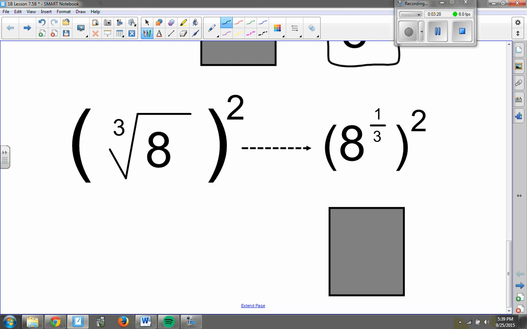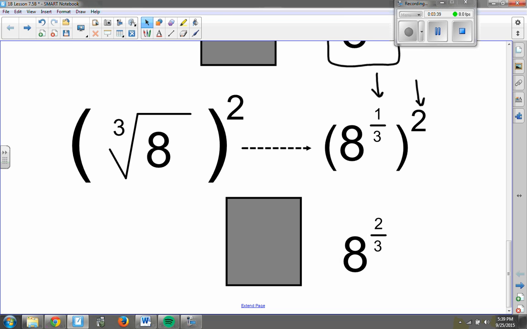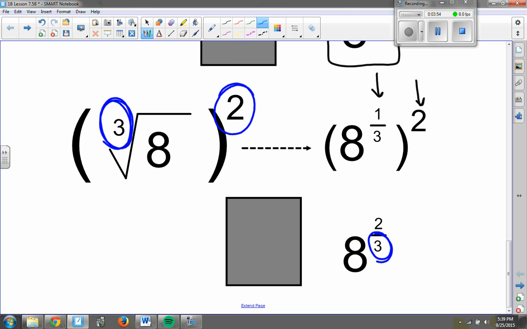When I raise 8 to the 1/3 power to the 2nd power, I multiply the exponents, which means I'm still at 8 to the 2/3. The index of your radical is still the denominator of your fraction, and the power you are raising it to is the numerator. Please take note of those.